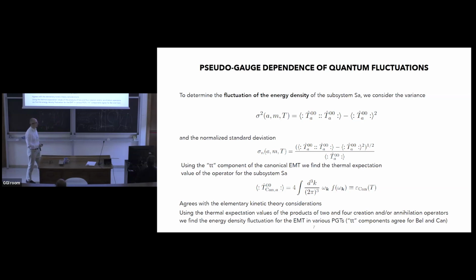is basically giving you the energy density of the system as a function of these variables which I gave here. But what is funny is that it agrees with the definition of the elementary kinetic theory, and also you will find that whatever the usual pseudogauge you plug in, you can calculate this quantity for the HW, GLW, and other pseudogauges.